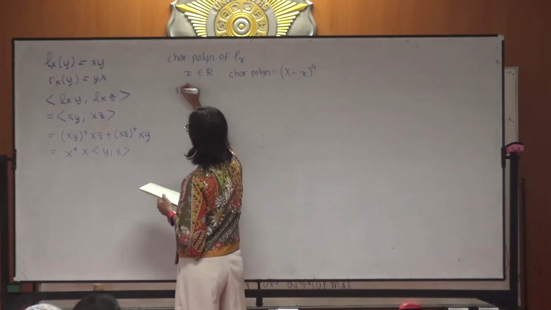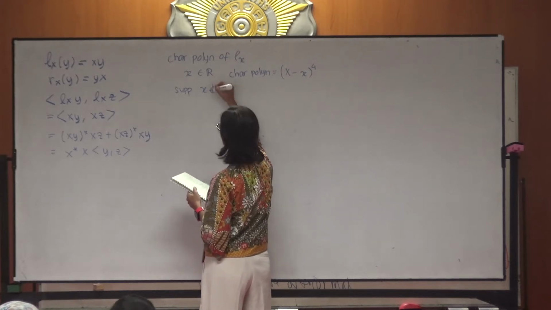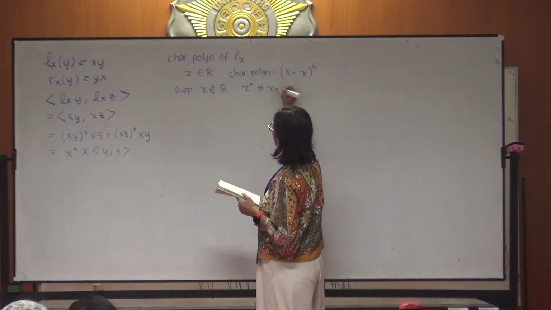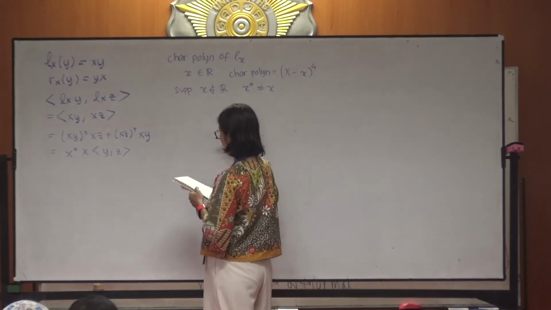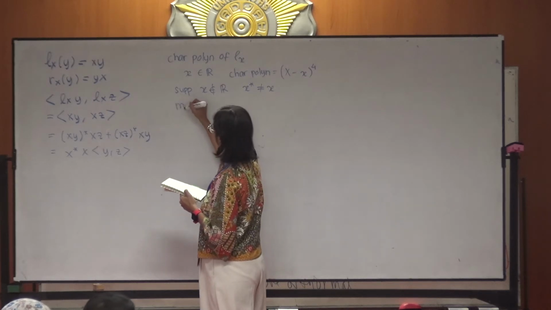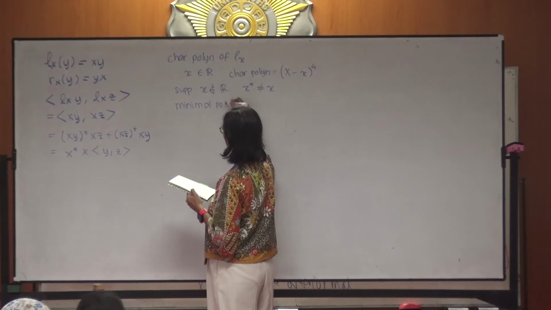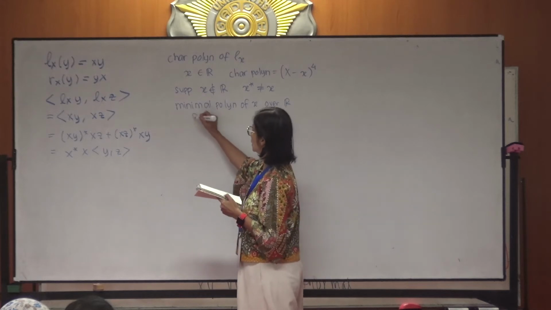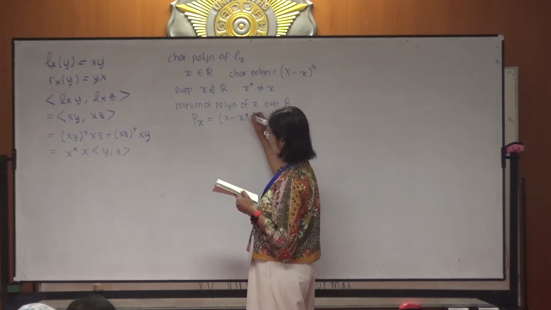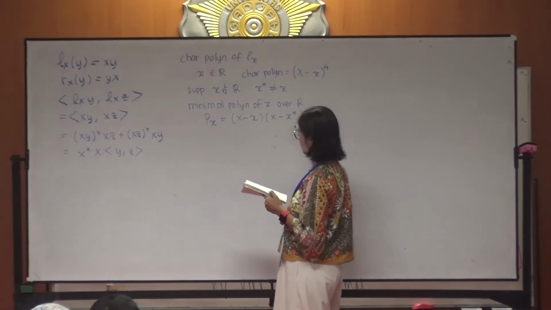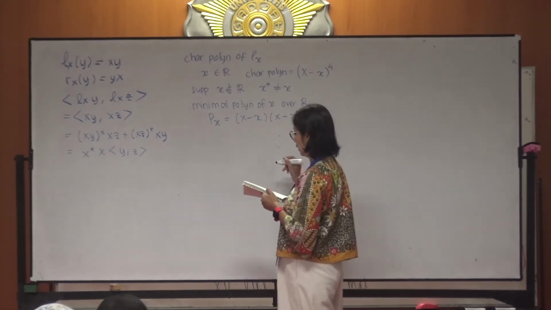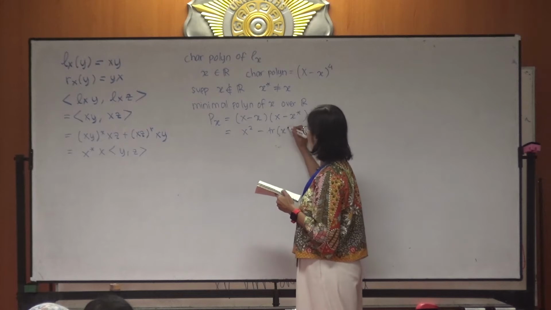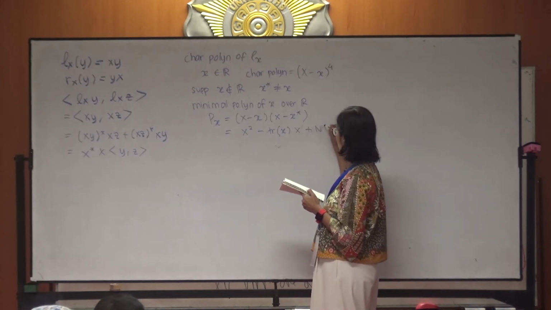And when x is not in R, and this x star is not equal to x, we can have the minimal polynomial of x over R, which is this p_x: (X minus x) times (X minus x star), and this is X squared minus tr(x) times X plus n(x).